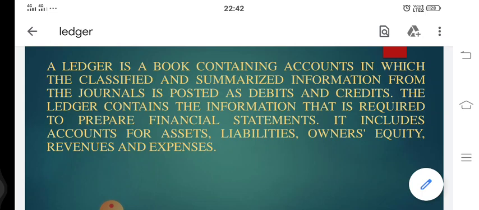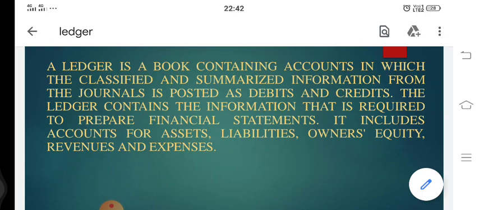So to avoid that, you can simply prepare a ledger account of that cash balance. So whenever I ask you your cash balance, you'll just check the cash account. You don't have to check the total journal entries that you have recorded throughout the year.